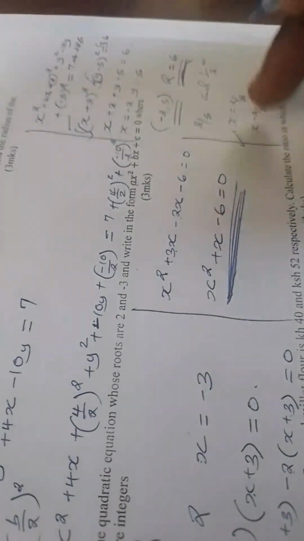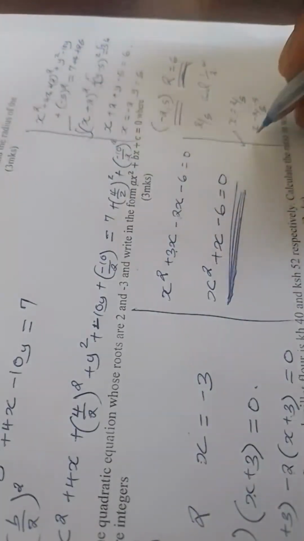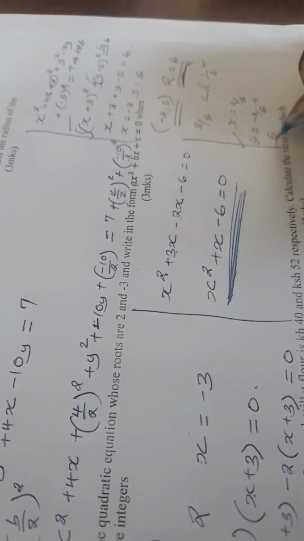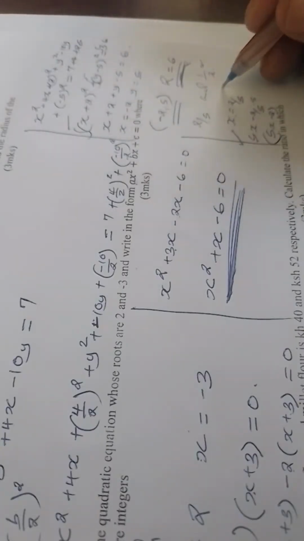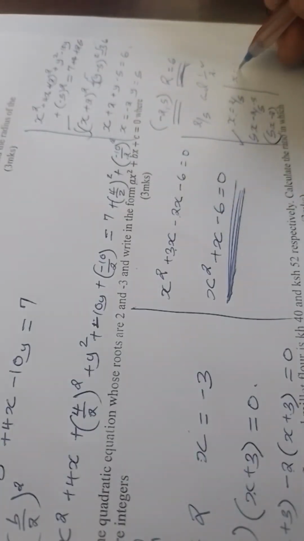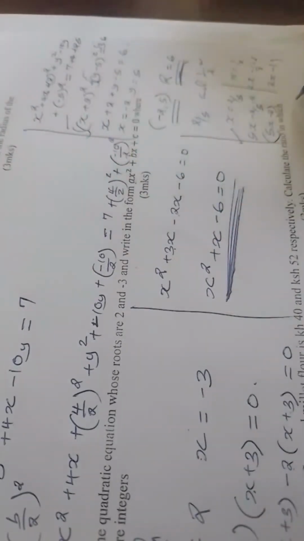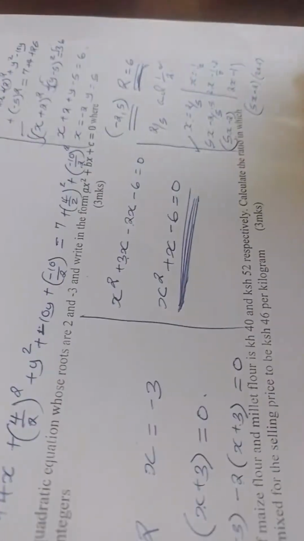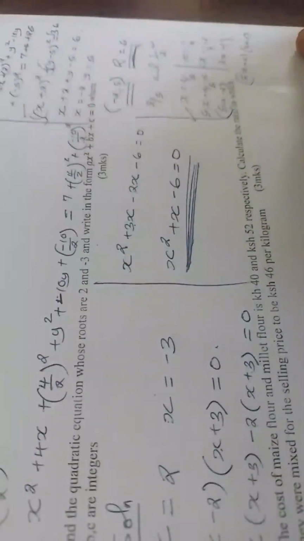Then we can remove the fraction by multiplying by 5, so this one will be 5x minus 2. You'll do the same for this one. x is equal to a half, you take this one to that side, it will be x minus 1 over 2, then times 2, so this one will be 2x minus 1. Then we can take 5x minus 2, then times 2x minus 1. Then you can expand on that. I hope you have understood.